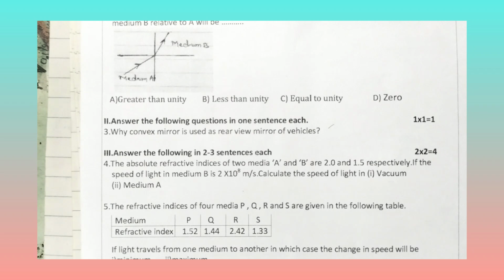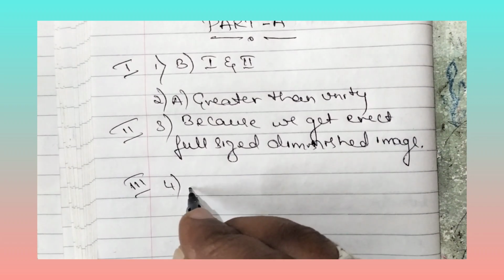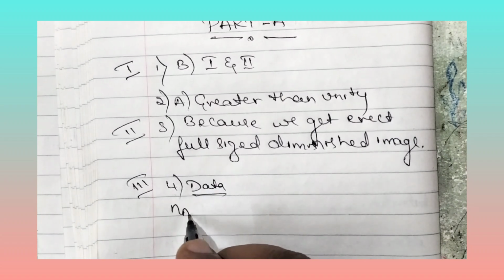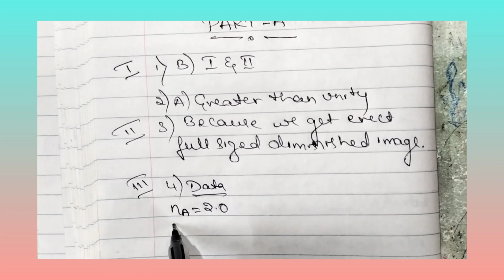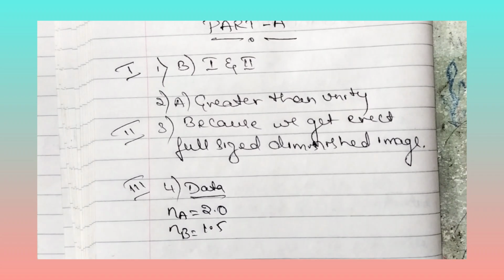This is a numerical. In the data, the refractive index of medium A is 2.0 and the refractive index of B is 1.5.